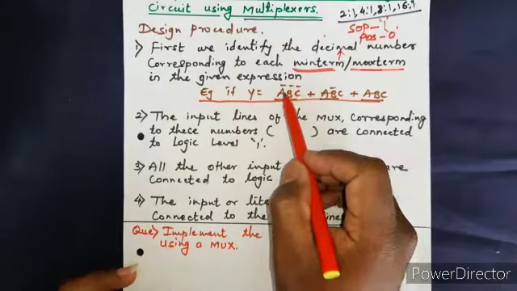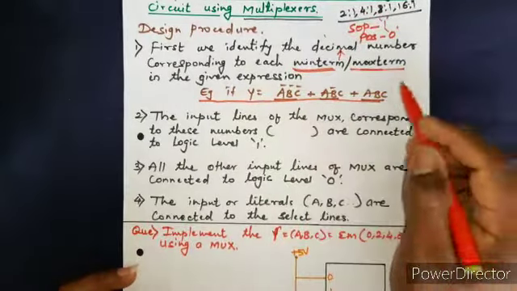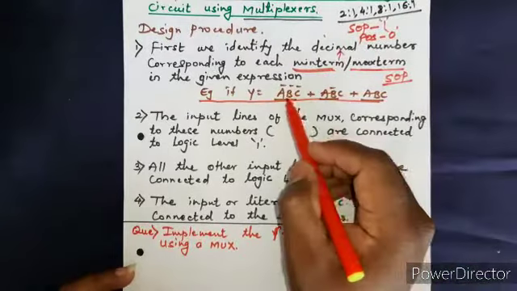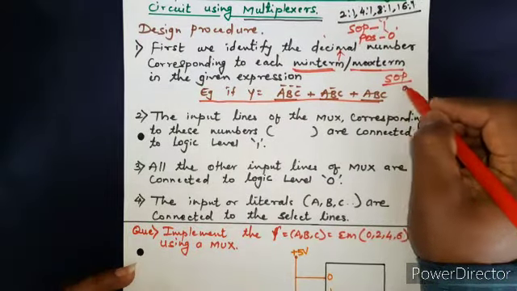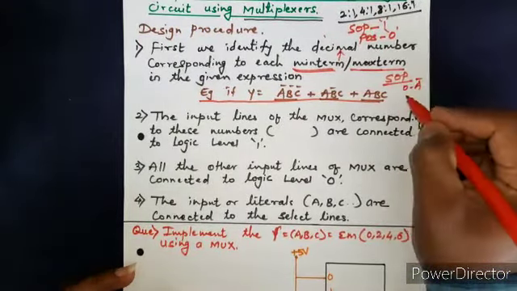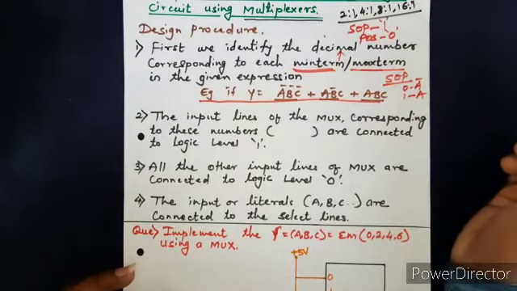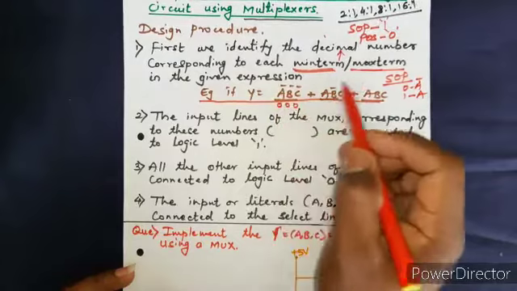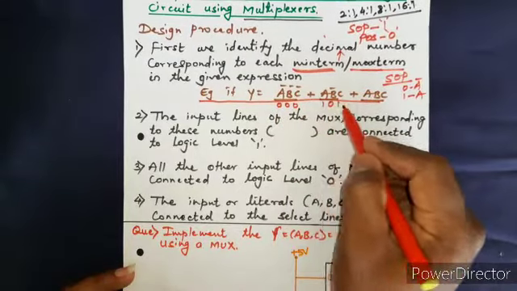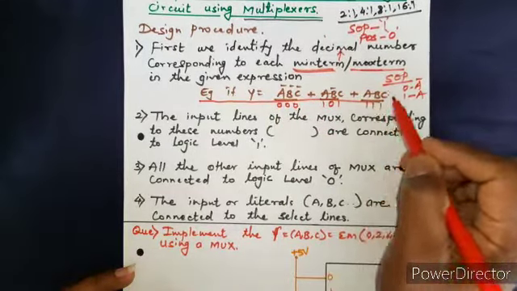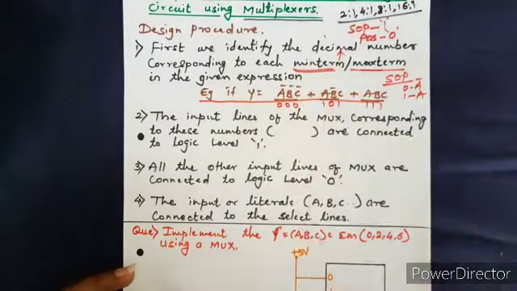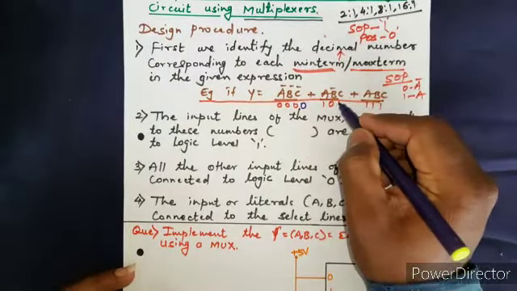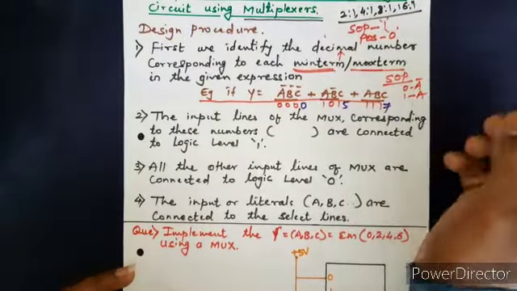This equation is in standard SOP form. For SOP, 0 means the variable bar and 1 means the variable itself. So this becomes 000, this is 101, and this is 111, which corresponds to 0, 5 and 7.